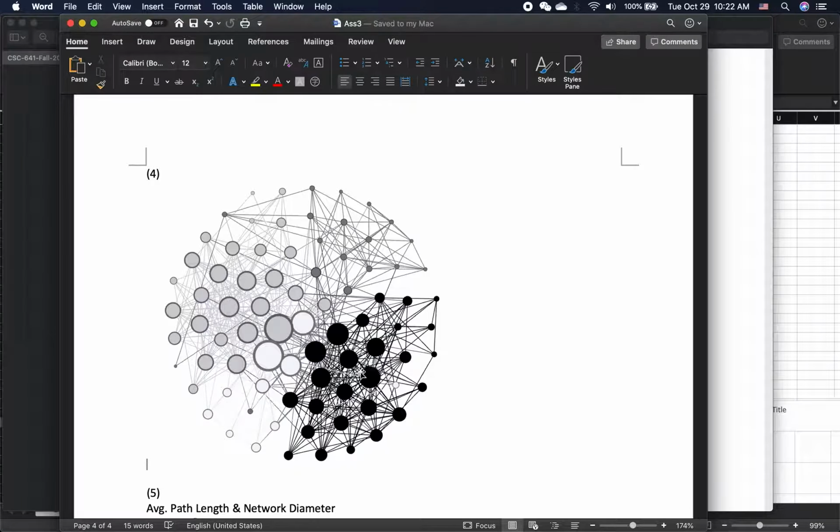Thus, they have a very high possibility that, I'm sorry, they are pointed to by so many nodes. So for example, this one has a bigger circle than this one, so it means that it is pointed to by more nodes than this one.